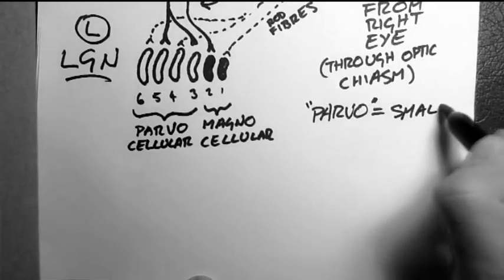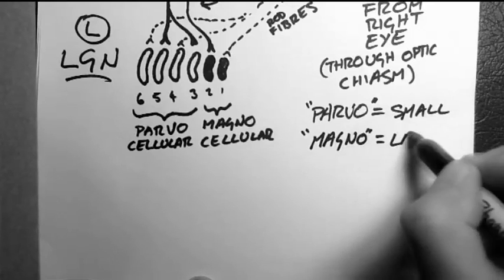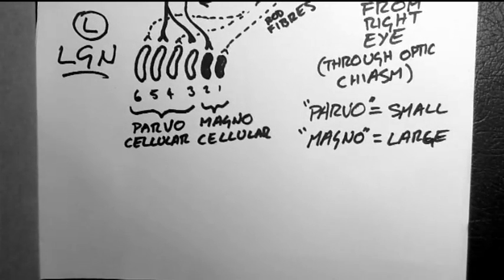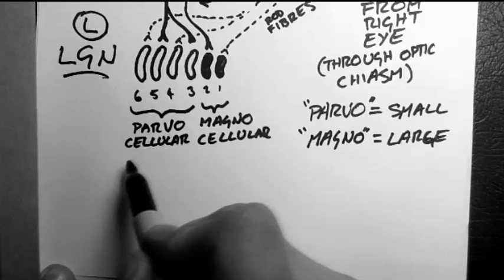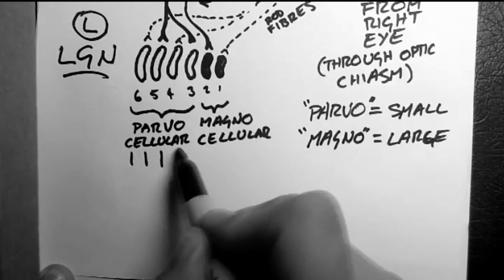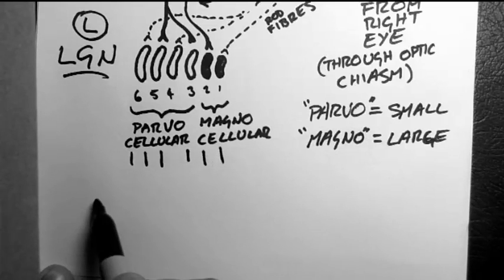These are because under a microscope, cells in layer 1 and 2 are large, and the cells in 3 to 6 are small. So these fibres continue on, and from the LGN, they travel to the occipital cortex, or the occipital lobe, which is at the back of the brain.